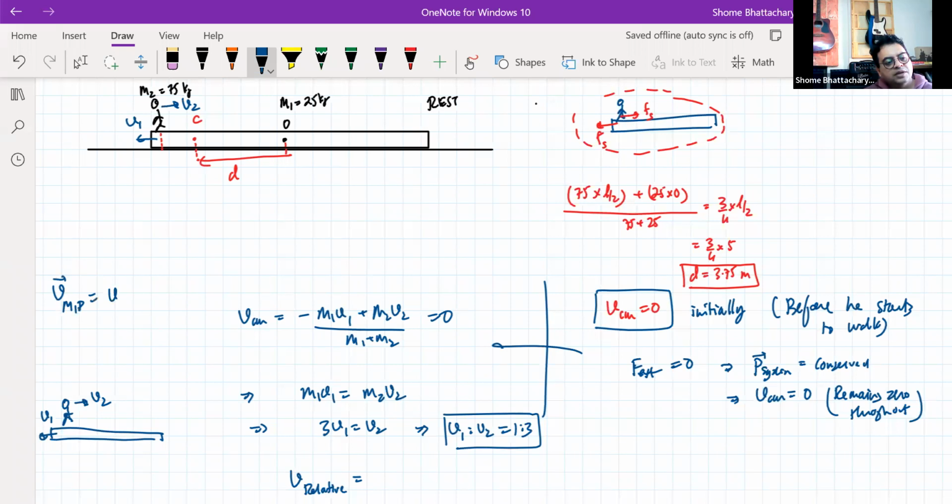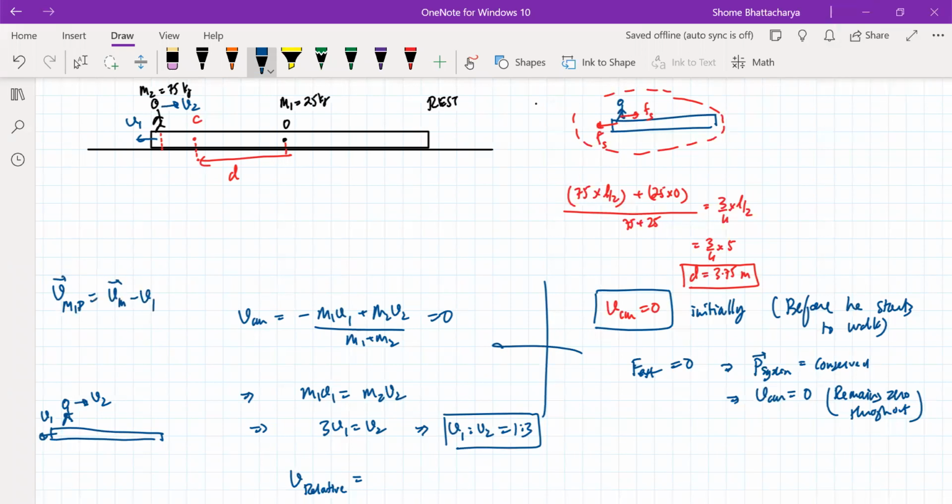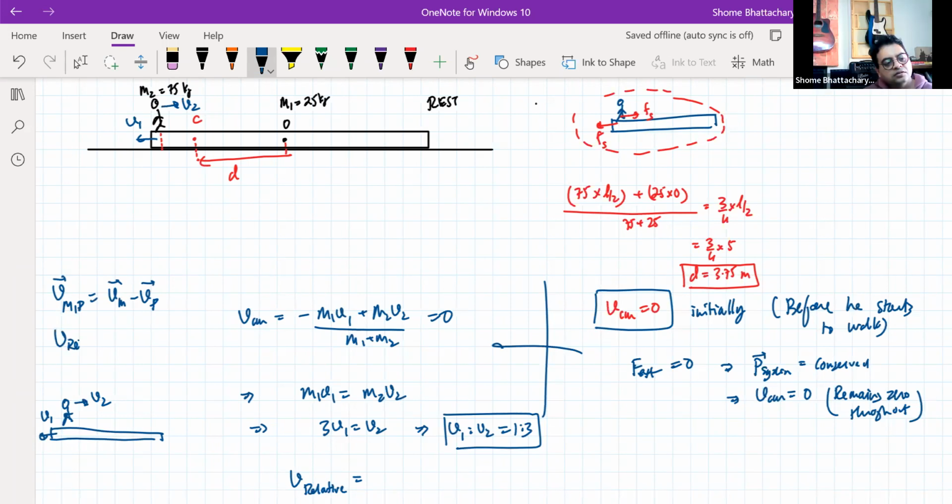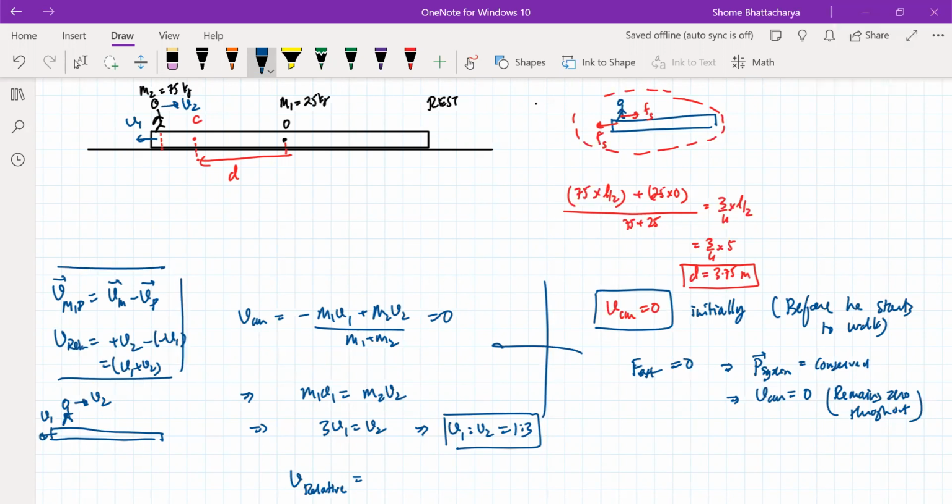It is the velocity of the man in the ground frame minus the velocity of the plank, right? Yes. So this relative velocity will become plus of V2 minus of minus V1. Two things going in the opposite direction, so relative velocity becomes sum. Right? Okay, so this is V1 plus V2.